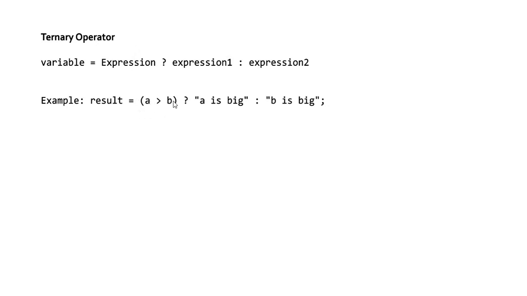If a greater than b, question mark, this is the default format that you have to follow. Then print a is big, otherwise, this is kind of else, a colon, b is big. So this is expression, question mark, expression 1, which is the first statement, a is big, otherwise expression 2, b is big. So whichever is true it will print that particular statement.